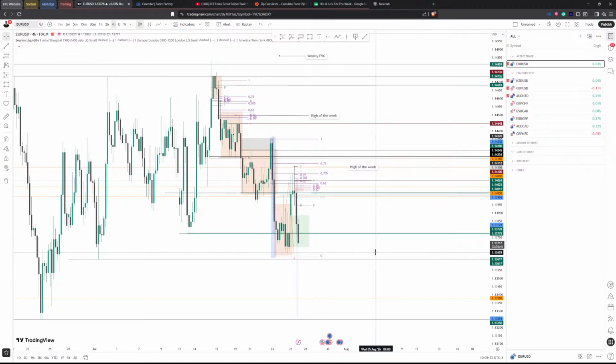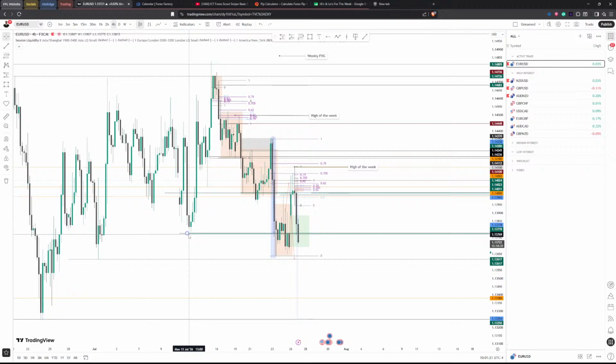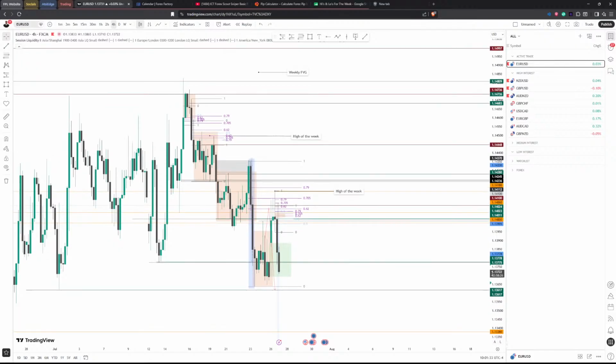So set an alert here and an alert above price. It's possible price retests this low and continues on its downward trend. In that instance, I would like to know, and then I'll make a decision if anything changes. But the idea for now is our overall target is here.